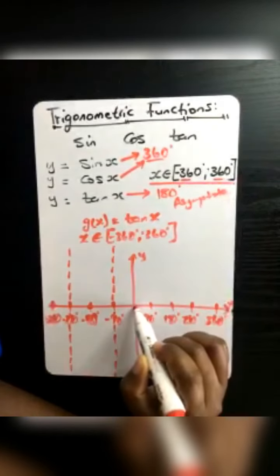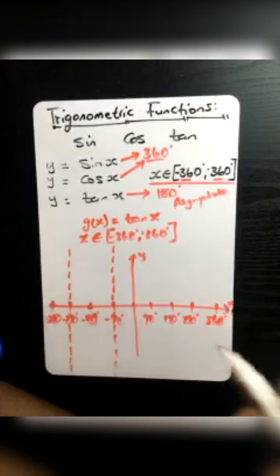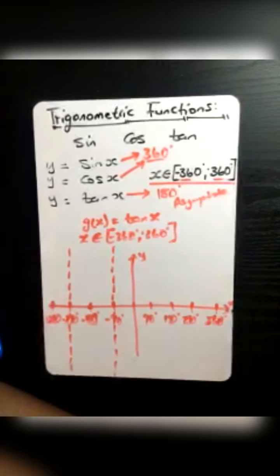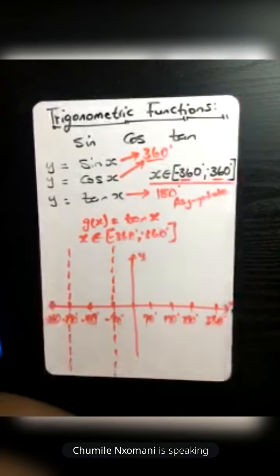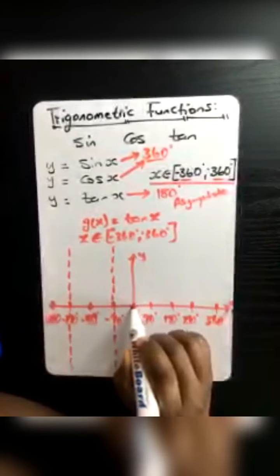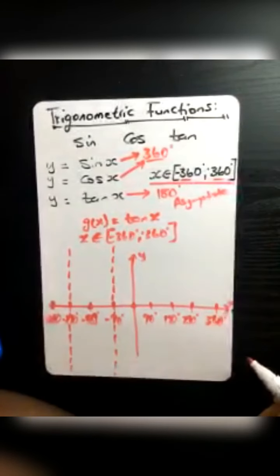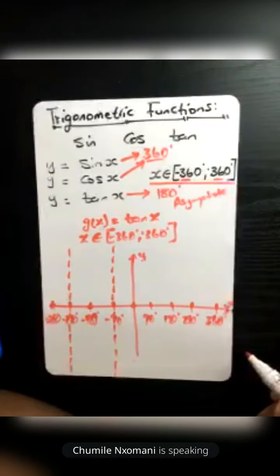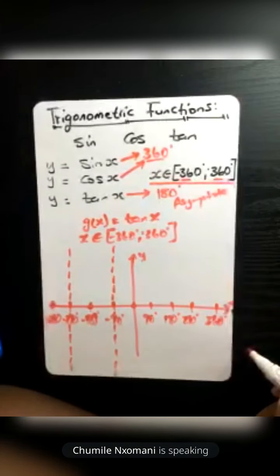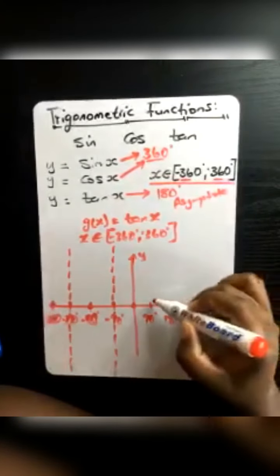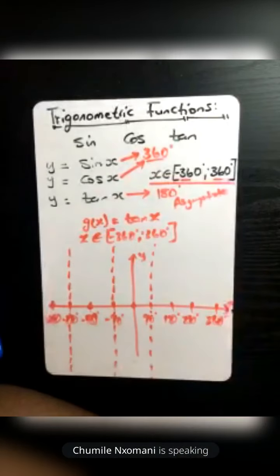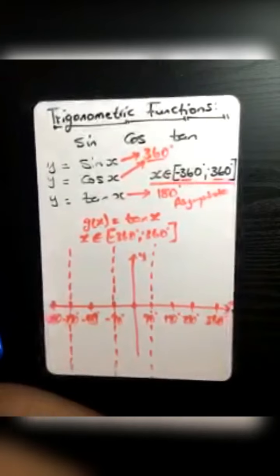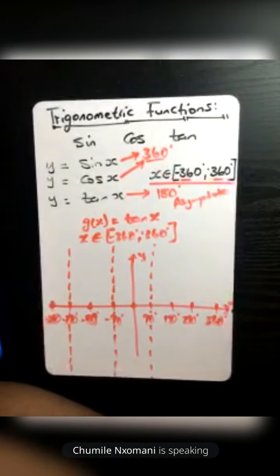So what about the next value there? Tan of 0 is 0. Okay, next value. Tan of 90 is an error. So we're going to use the line of asymptote. Next value. Tan of 180 is 0.